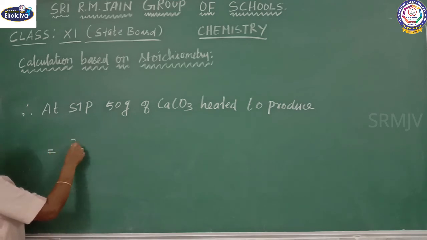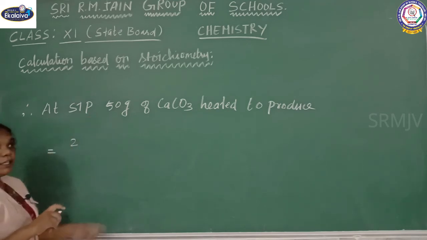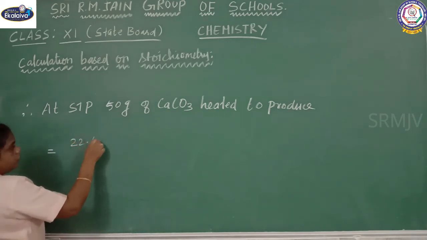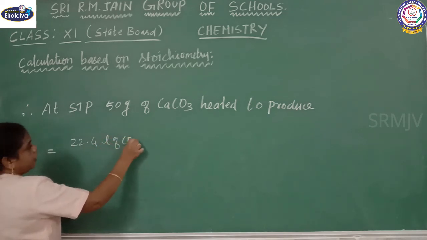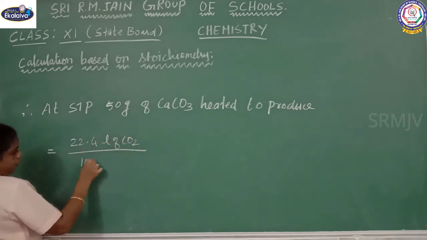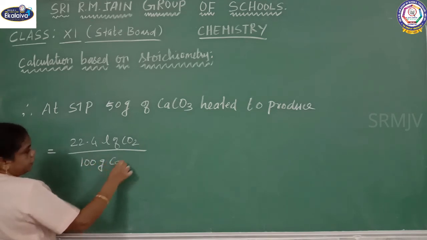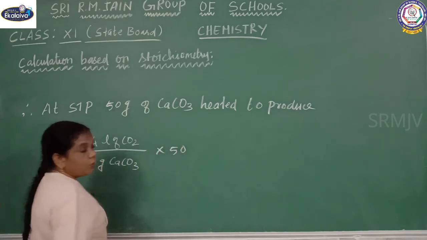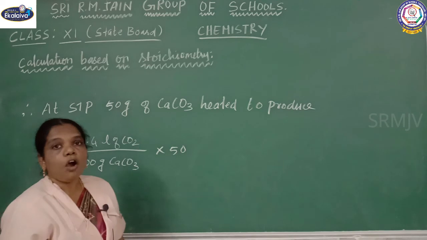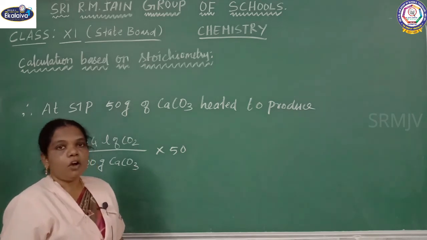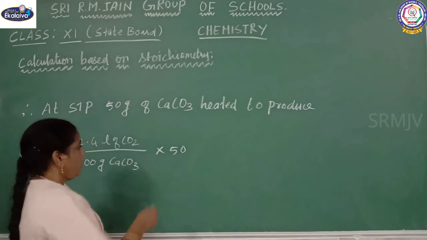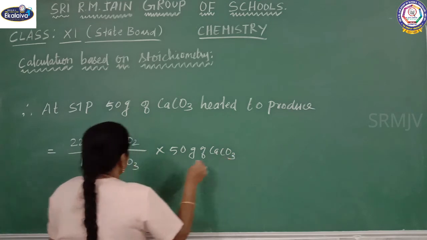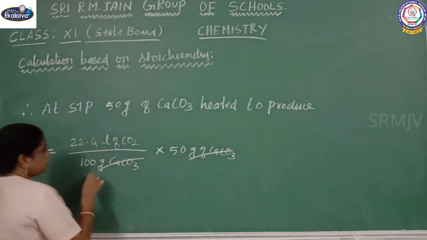See now, 100 grams of calcium carbonate on heating produces 22.4 liters of carbon dioxide. Now you want to calculate for 50 grams. If you heat 50 grams of calcium carbonate, how much volume of carbon dioxide can be produced? So 50 grams of calcium carbonate. Now calcium carbonate gets cancelled.